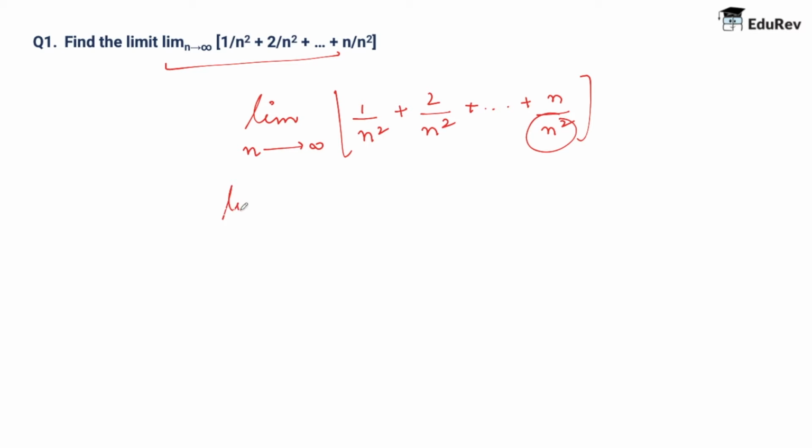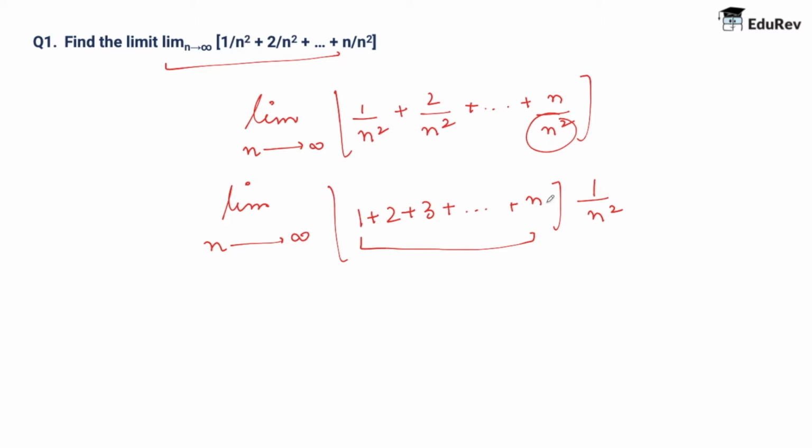So I can write limit n tending to infinity, 1 plus 2 plus 3 and so on till n, upon n square. Now this is an AP and we know the summation of an AP is n into n plus 1 by 2.